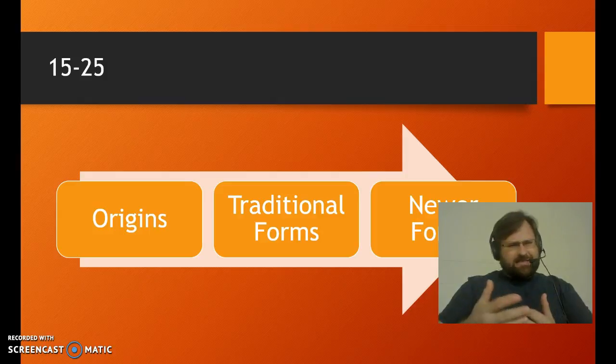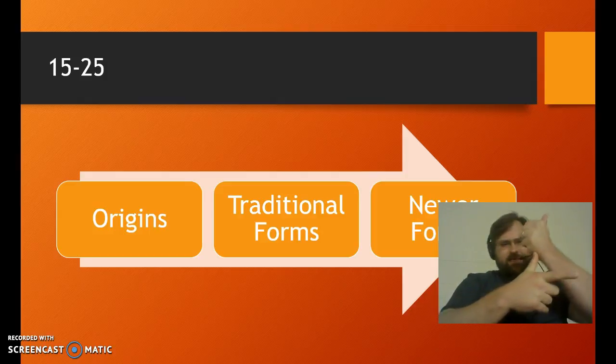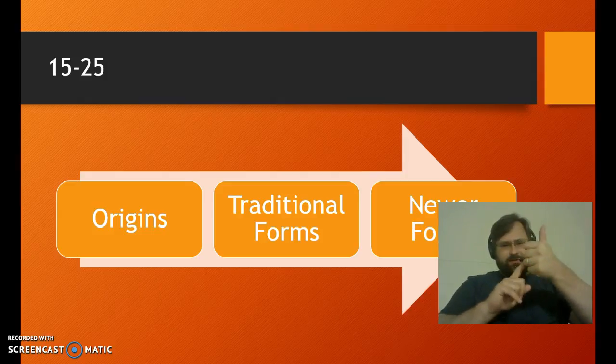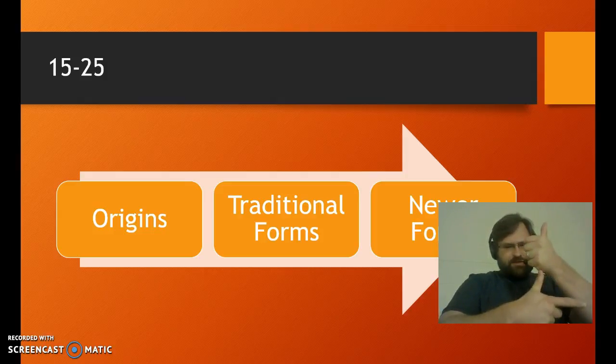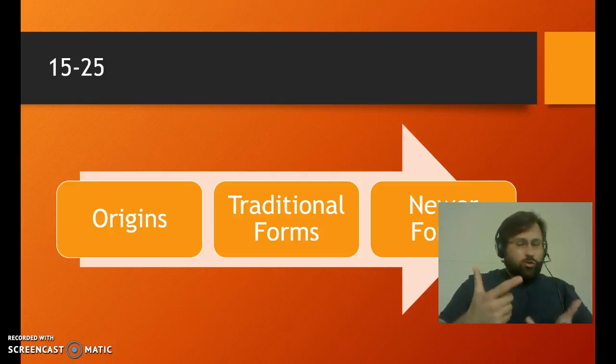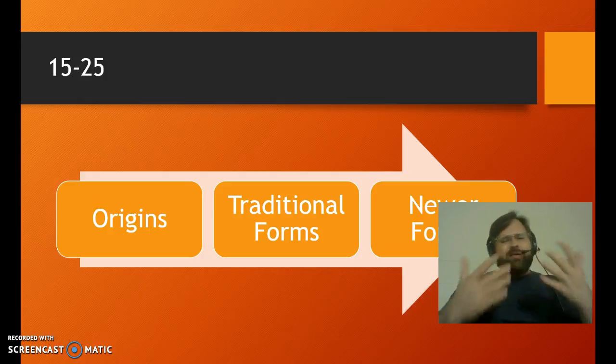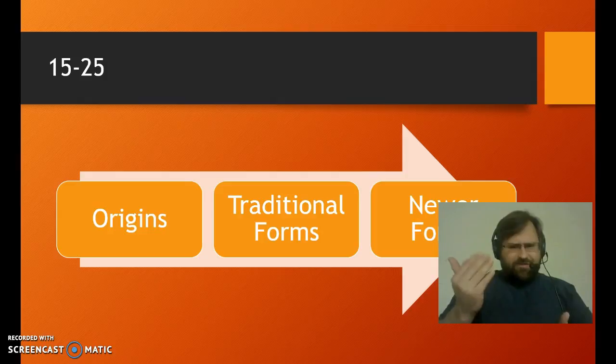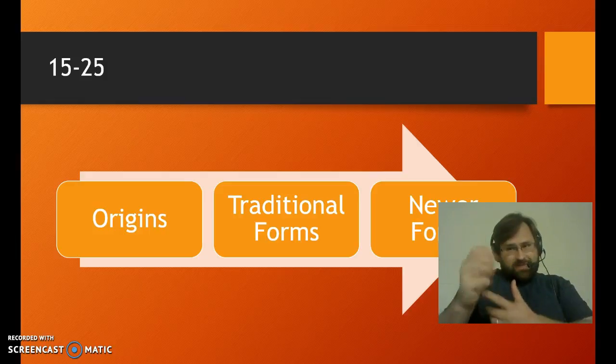You even see it in signs sometimes, like the sign assistant is sometimes formed with an L here, and that's because this was the first person and this was the second person. So this is the older form. Those are the origins. Then you have the traditional forms. You have 15, 16, which is 10-6, 17, 18, 19, which is like 1-6, 1-7, 1-8, 1-9, using the older forms.